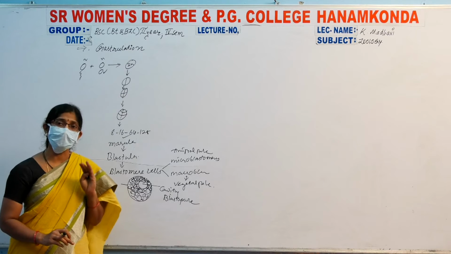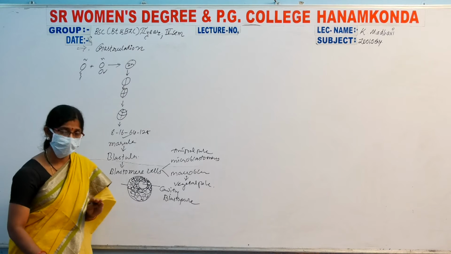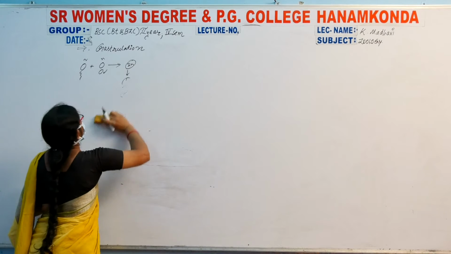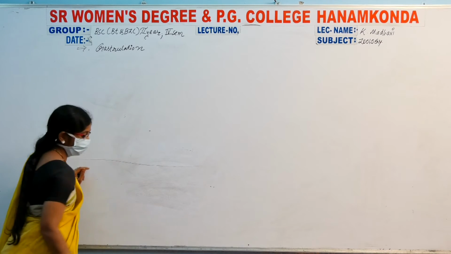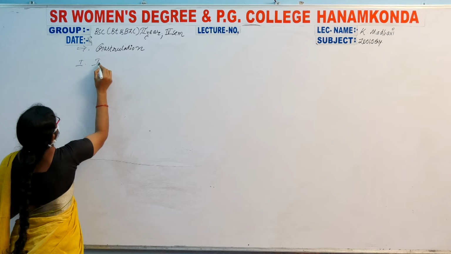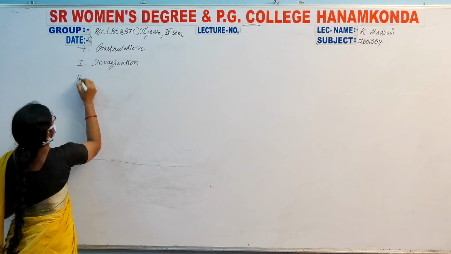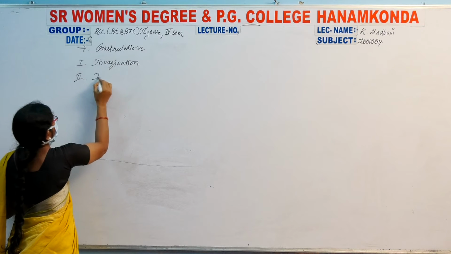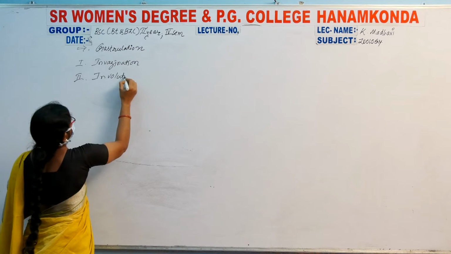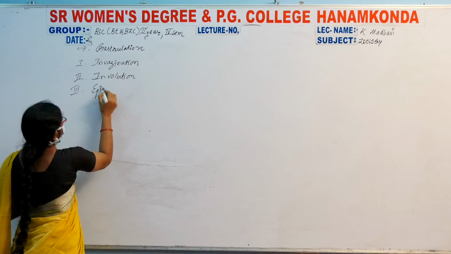Gastrulation is a process composed of highly integrated steps. It is divided into three: the first one is invagination, the second one is involution, and the third one is epiboly.